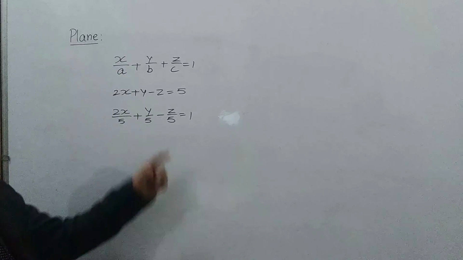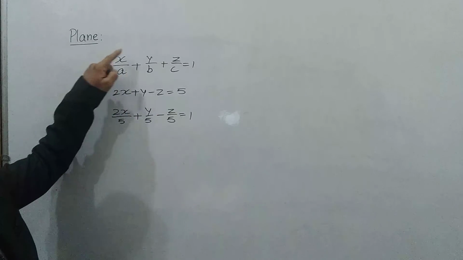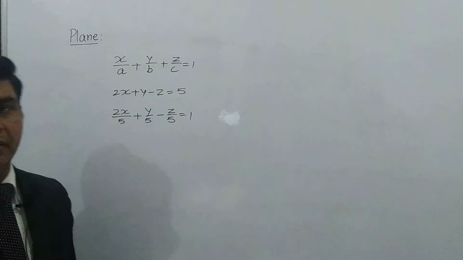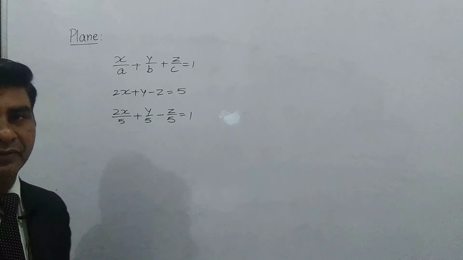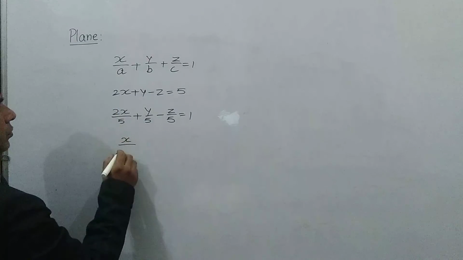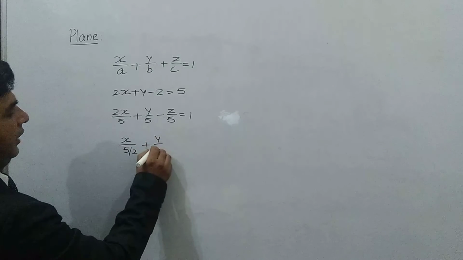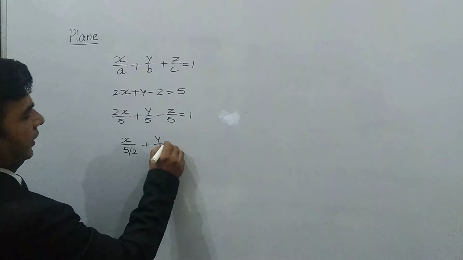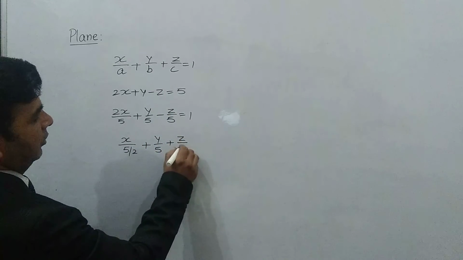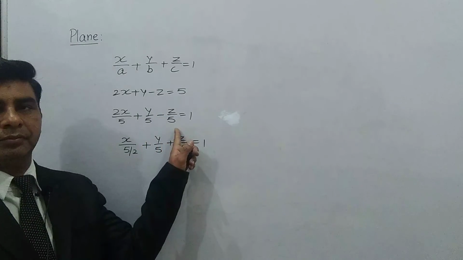Next, please take care that the coefficients of x, y and z should be positive as well as 1. So for that, 2 can be taken in the denominator like this, y by 5, and this minus z can also be written like this. This negative sign is to be taken with 5.